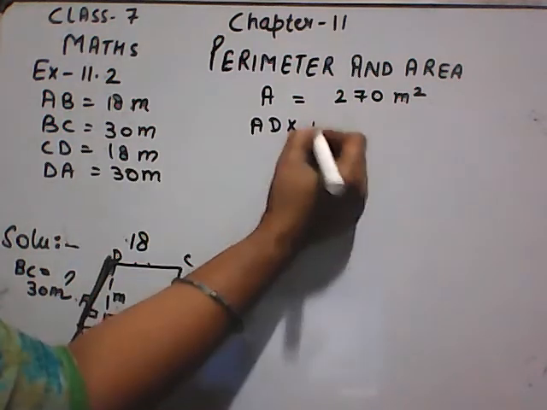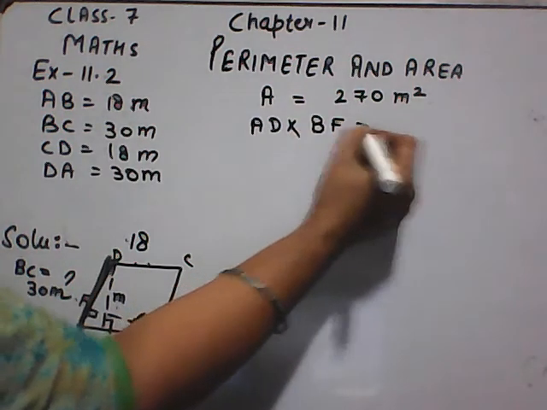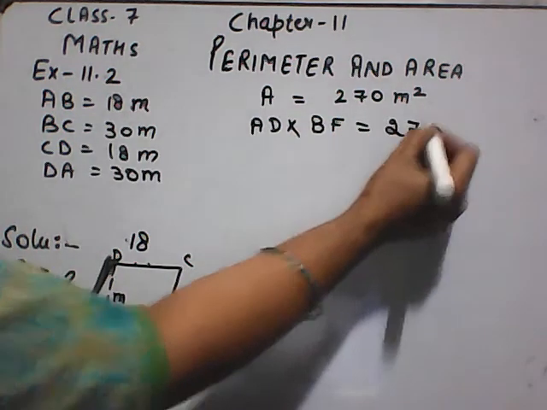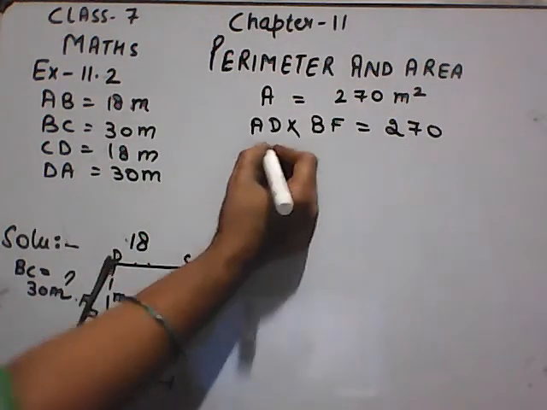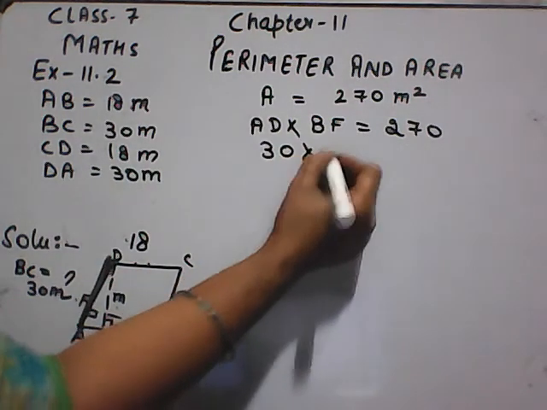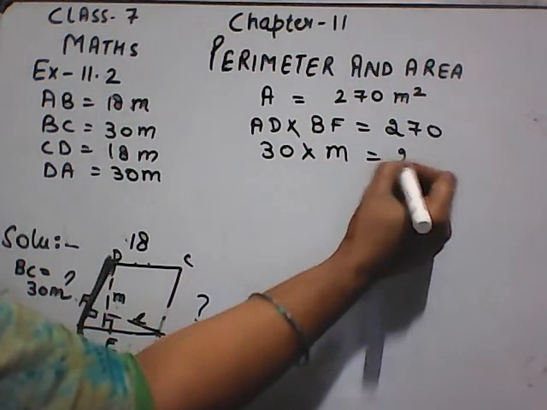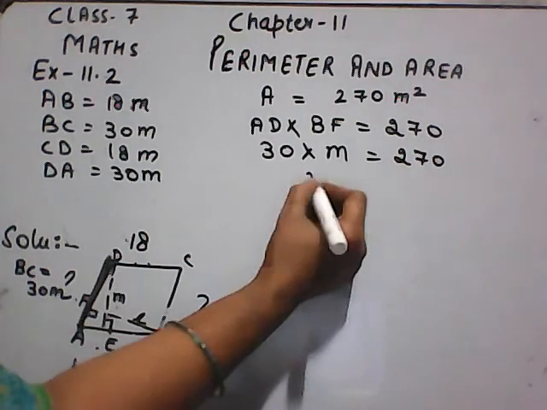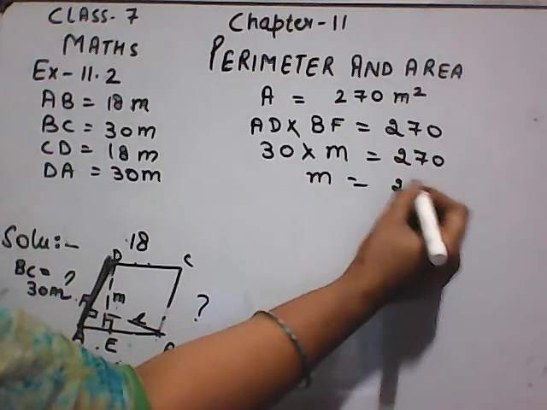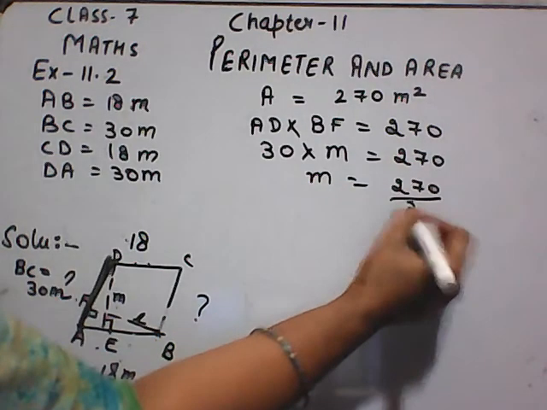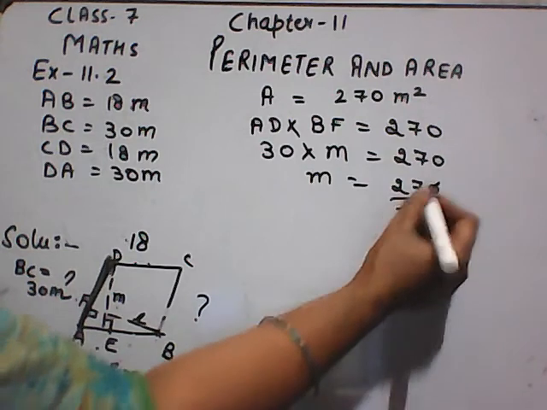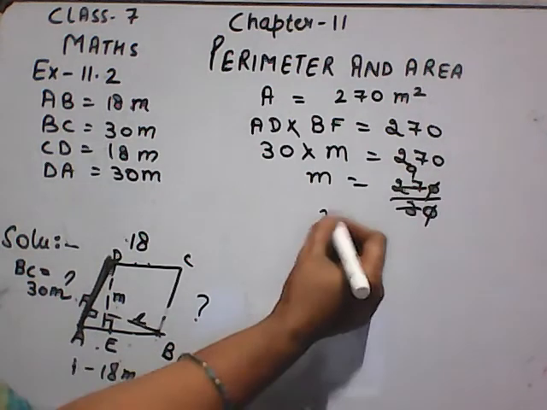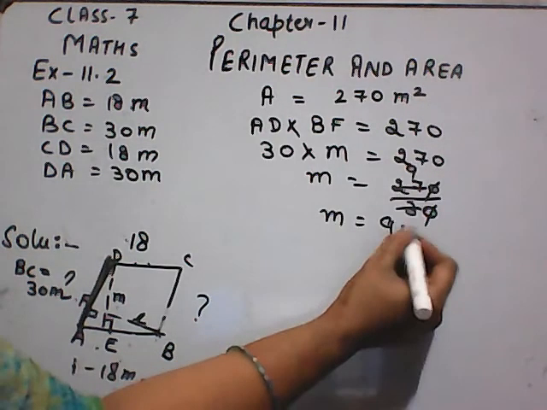BF. That is equal to 270. Here AD is 30 meter, BF is L. That is equal to 270. L is equal to 270 divided by 30. It cancels out. Now altitude L is 9 meter.